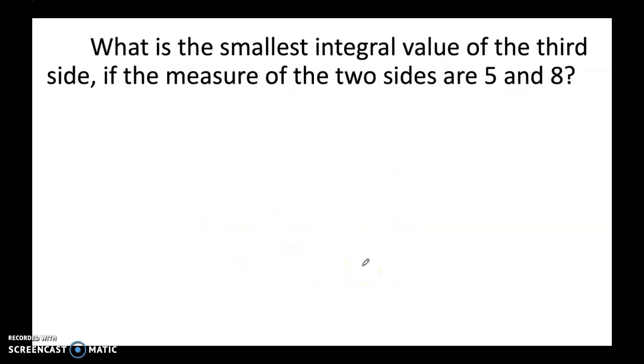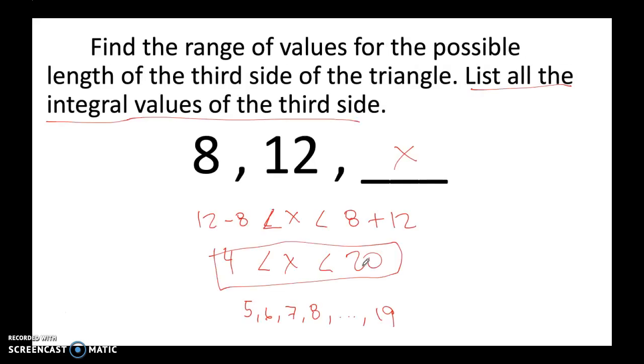What is the smallest integral value of the third side if the measures of the two sides are 5 and 8? Let's go back to our example. The smallest measure here is 5 and the largest measure here is 19. How do we get 5?